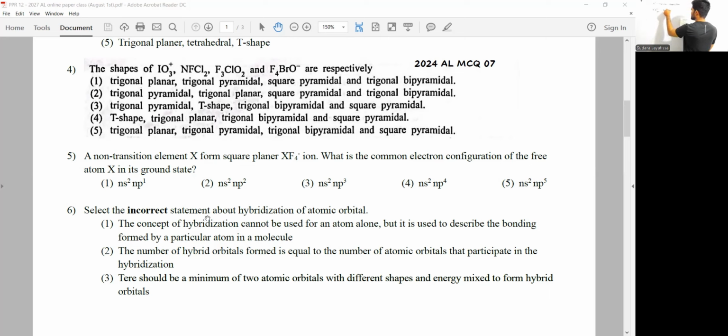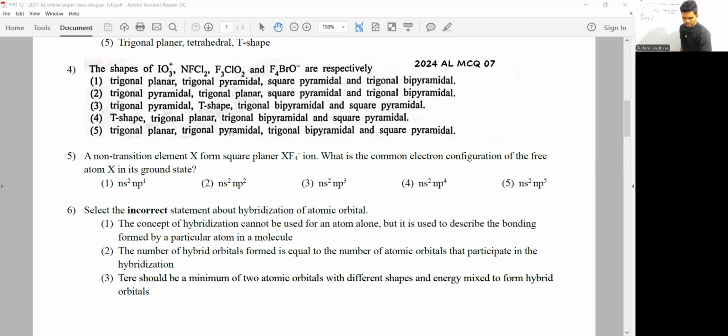The shape is square planar. And what is the electronic configuration of the free X atom in the ground state? They are asking for the electronic configuration.